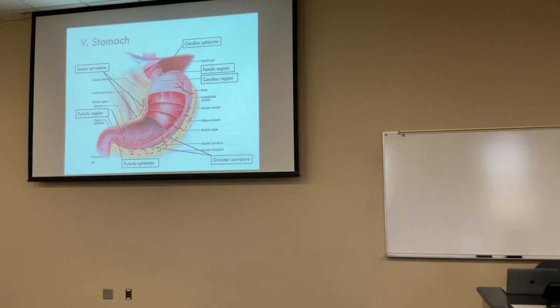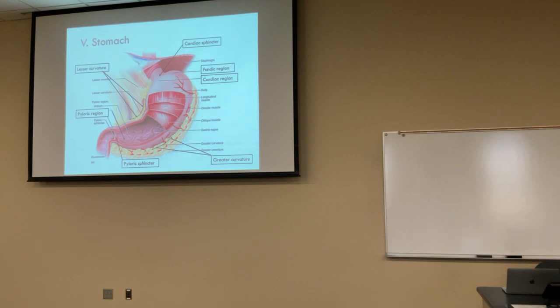That's called the fundic region. Then in the middle, as I said, you have the body. That's right here. It's this whole middle portion. And then the lower part of the stomach is called the pyloric region. So there's a cardiac region, a fundic region, a body, and then a pyloric region.